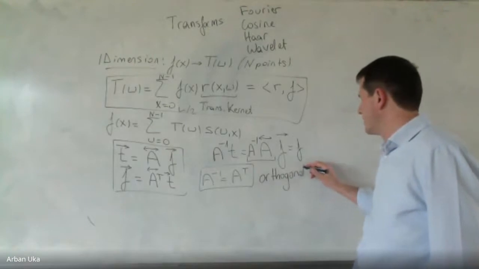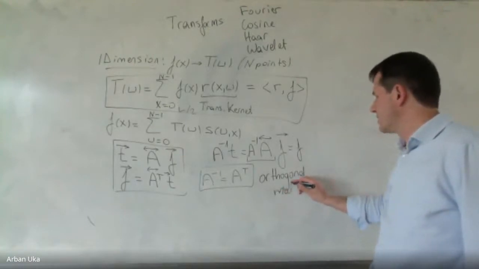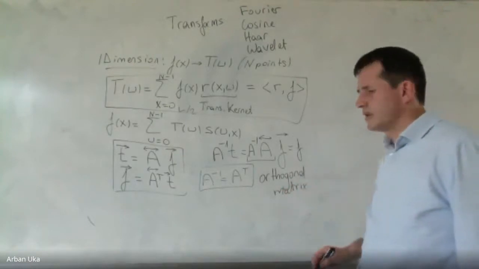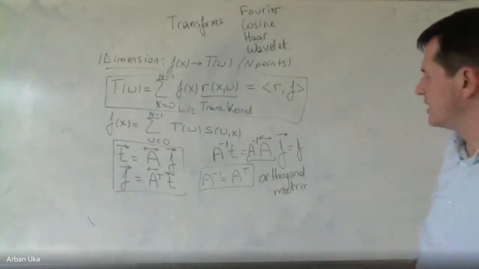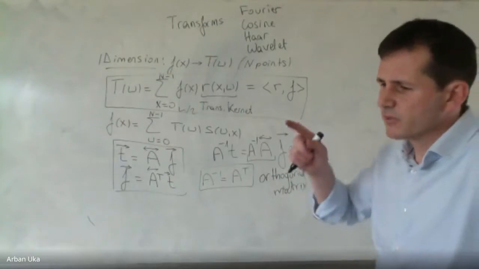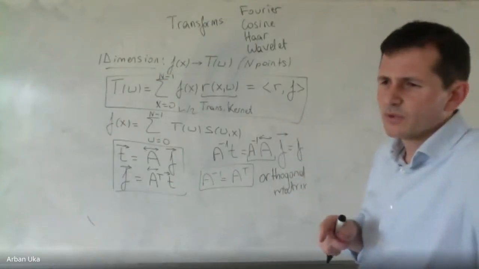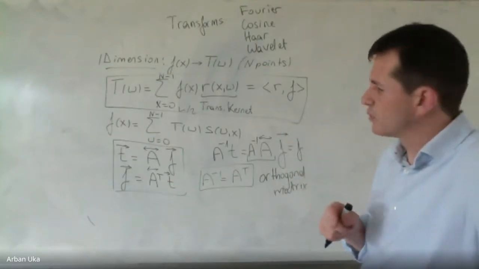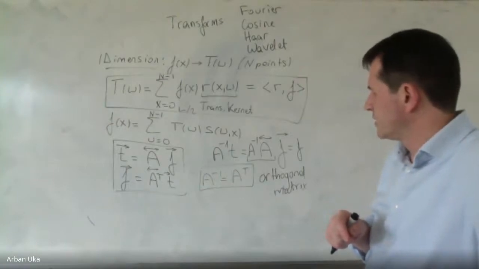Orthogonal matrix, if you remember from your linear algebra courses, is a matrix that has two properties. The first property is that each of the columns are orthogonal, which means that the inner product between any two columns is going to be 0.